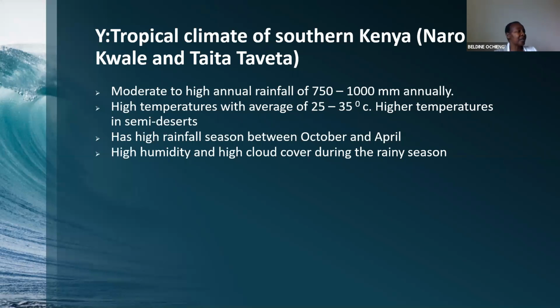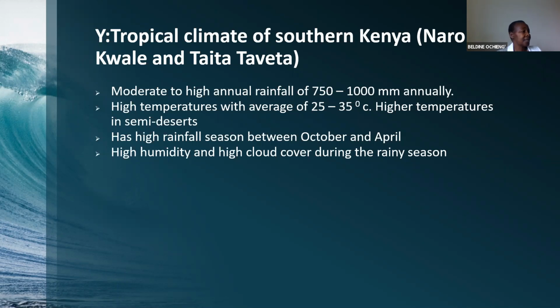And these are the characteristics: moderate to high annual rainfall of 750 to 1,000 millimeters annually. That is moderate to high. We had mentioned that. High temperatures with average of 25 degrees to 35 degrees. Higher temperatures in semi-deserts. Semi-deserts have higher than what we've quoted there.